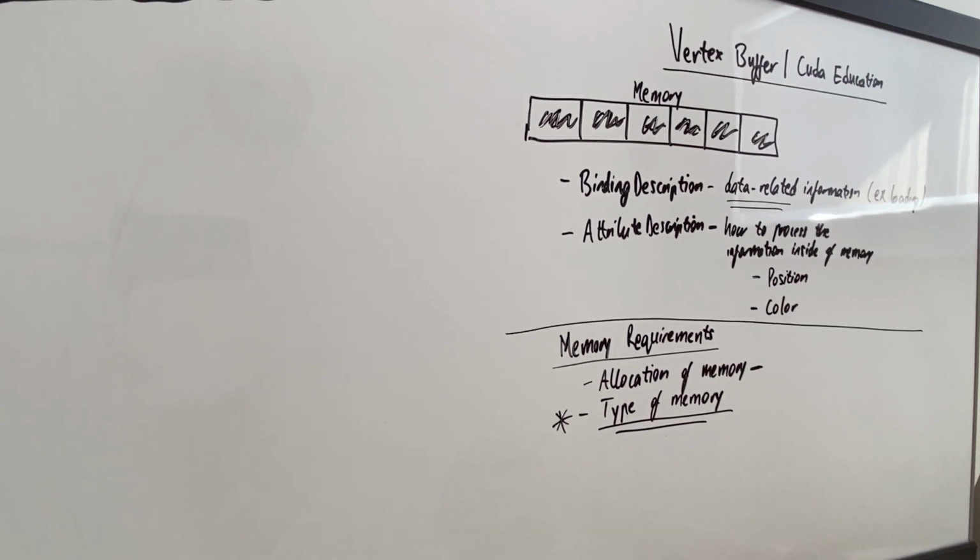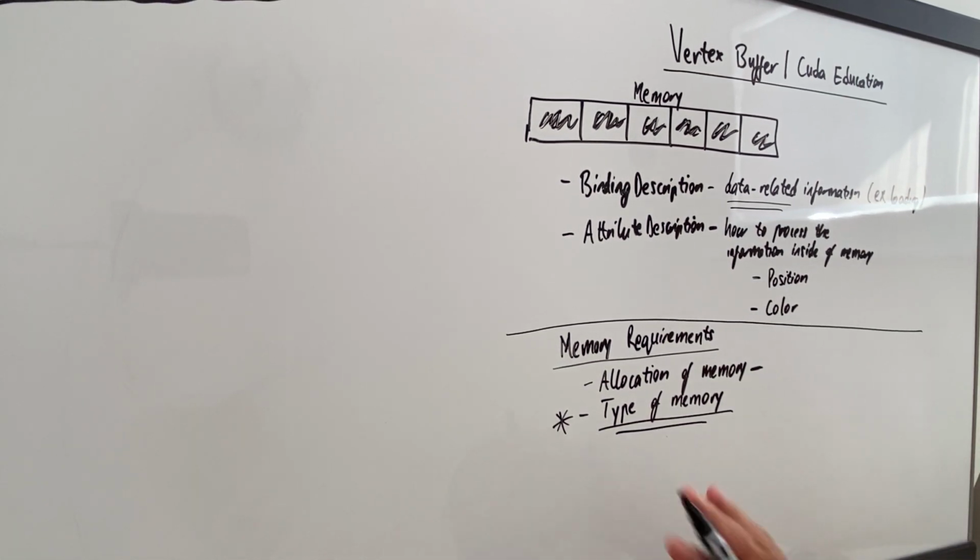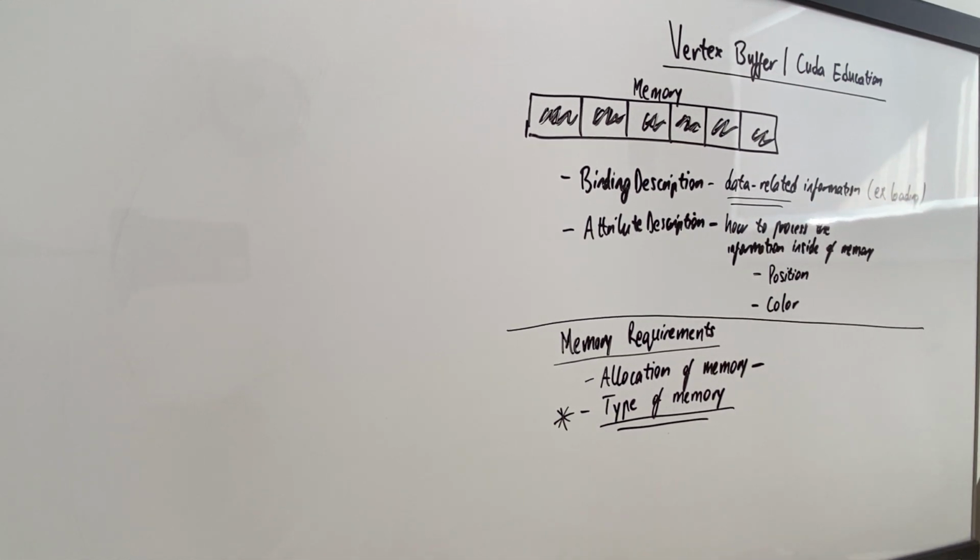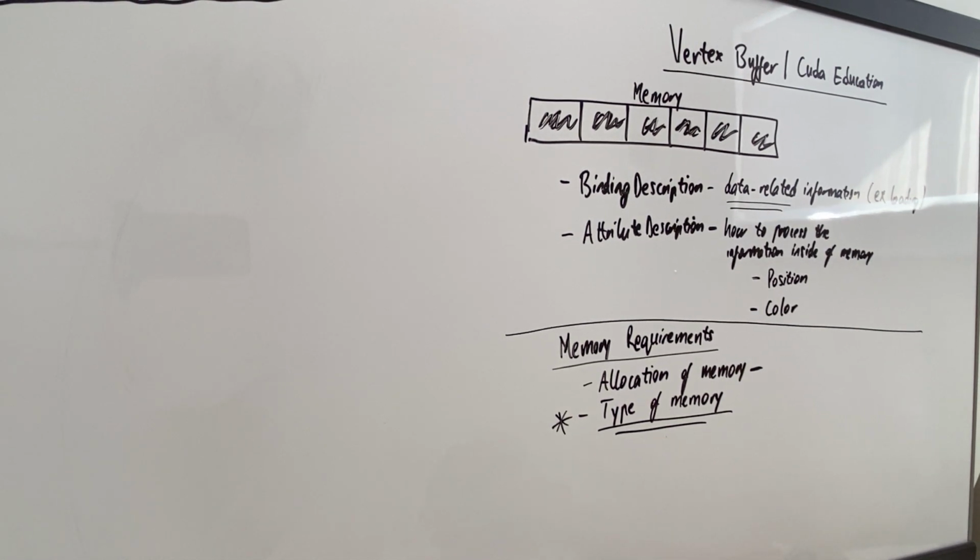Now, for our application, the memory that we need is memory that is visible to the host. And you have host and you have device. In parallel computing, especially when you're dealing with CPU and GPU applications, the host is considered the CPU. So that's your Intel chip that does your general computing tasks on your computer, that runs the operating system, all that stuff.